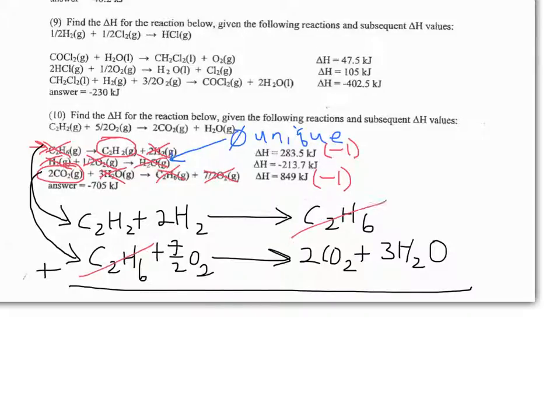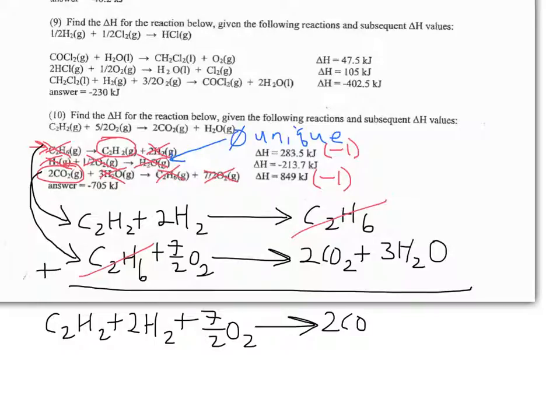I think that's the only thing that we can simplify. Now let's go ahead and add these equations. On the left side, we're going to have C2H2 plus 2H2 plus 7 halves O2, and then arrow. Now let's go ahead and put on the products, 2 CO2 plus 3 H2O.